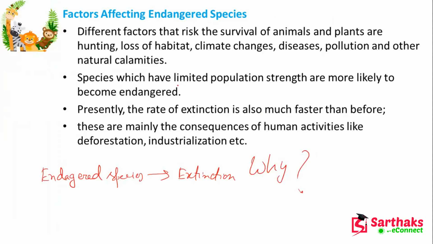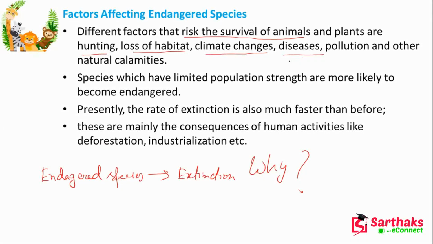Different factors risk the survival of animals and plants. One is hunting, we are hunting them. Another is loss of habitat, they are not getting a comfortable area, and there is always a fear of hunting. Then climate change, the temperature they require is not maintained.